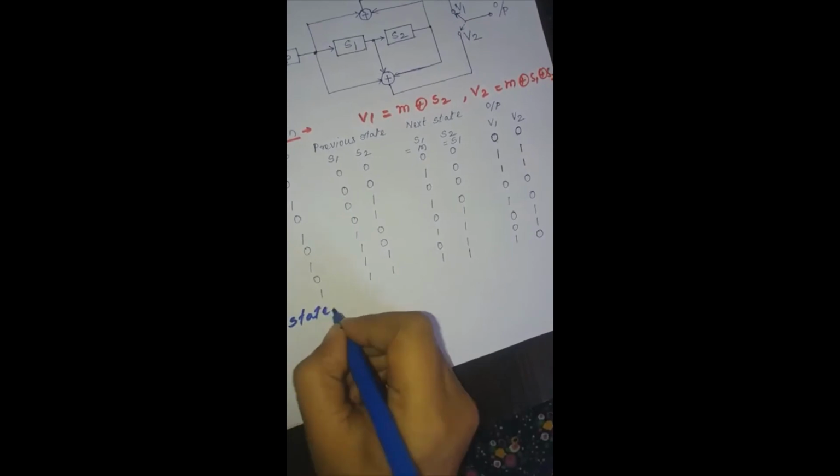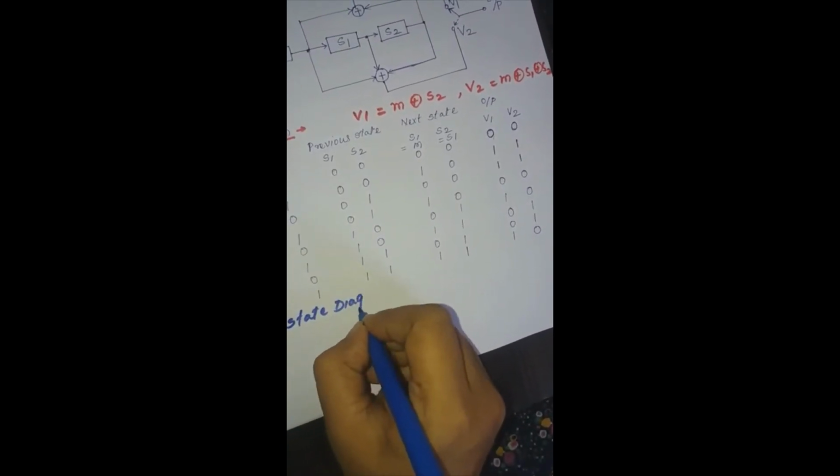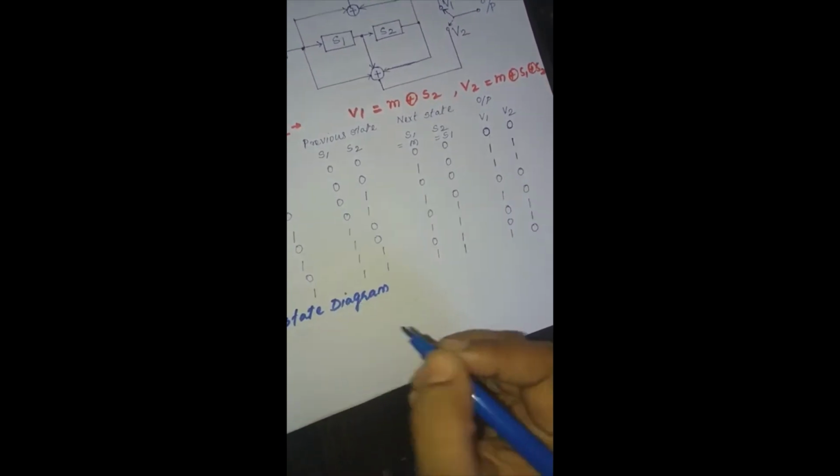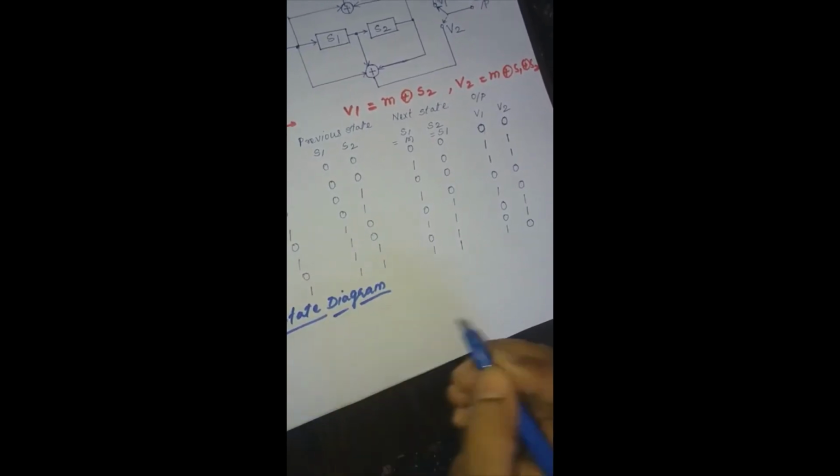So let's understand how to draw the state diagram. We have 4 states.